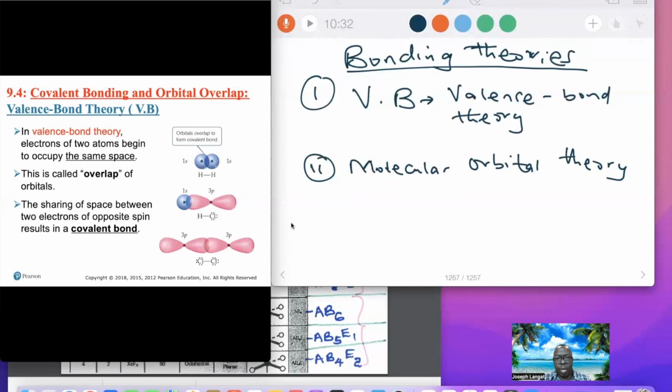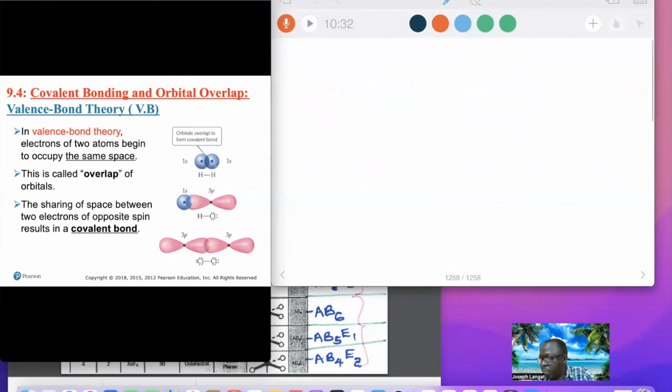So when you prepare your own notes, bear in mind that we have two types of bonding theories. In the first one, which is 9.4, the subject is that a bond is formed as a result of overlap of atomic orbitals.